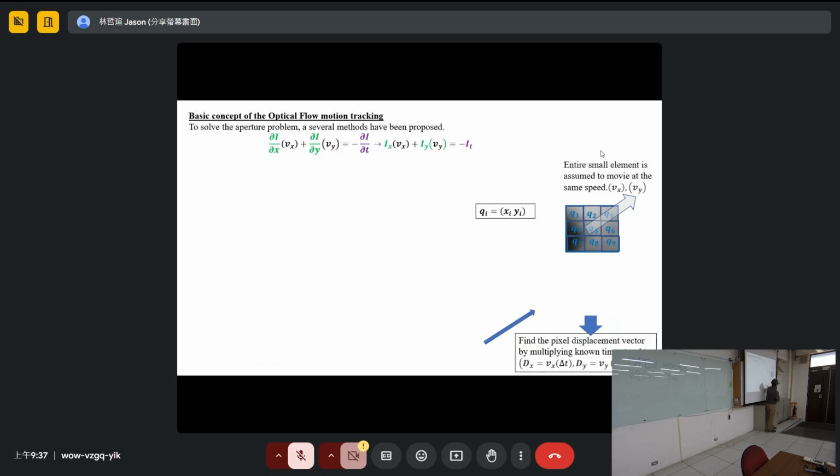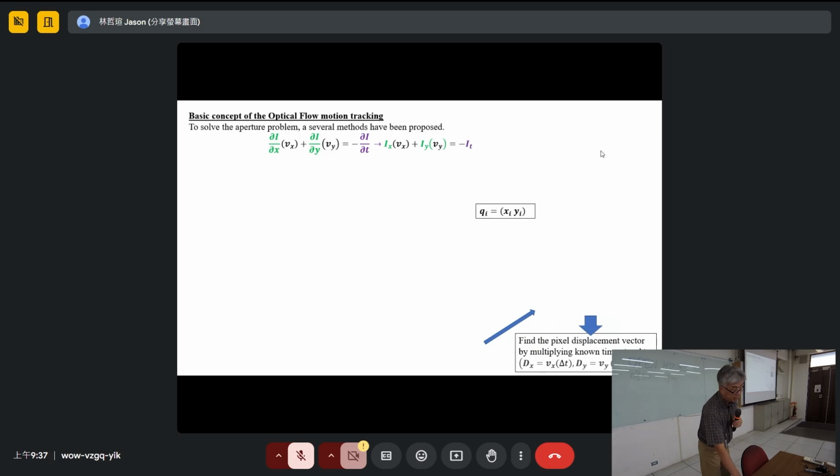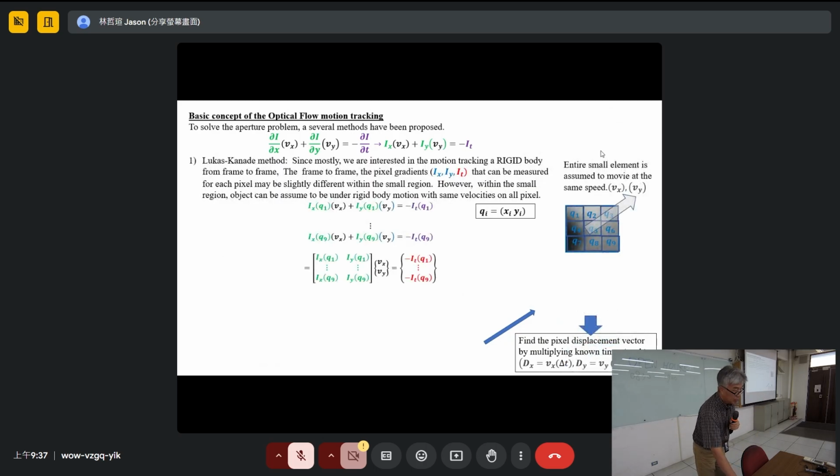So by introducing this second assumption that a small neighborhood will move at the same velocity, Vx, Vy, suddenly we have, in this image, this is the target pixel, but suddenly we have 1, 2, 3, 4, 5, 6, 7, 8, 9. Nine pixels can be set up using the same equation. Nine equations can be set up, all the way to 9.